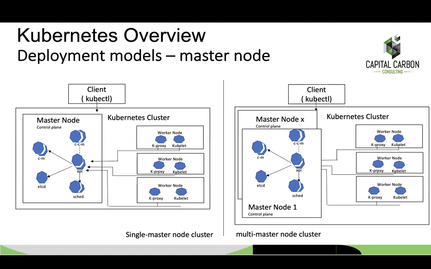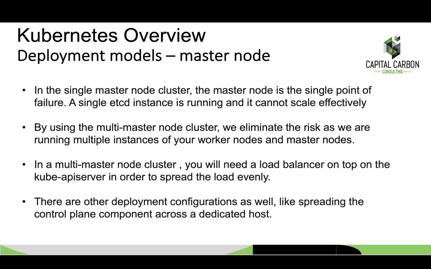Either you have one master node where you host all these control plane components, or you distribute your master node into multiple nodes, which also enhances the resiliency of your Kubernetes deployment.